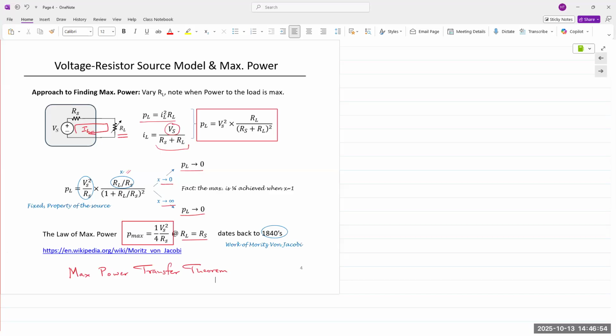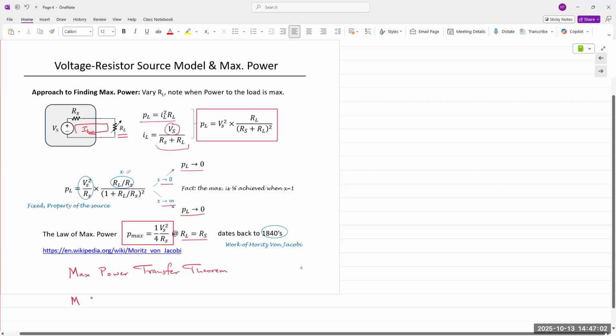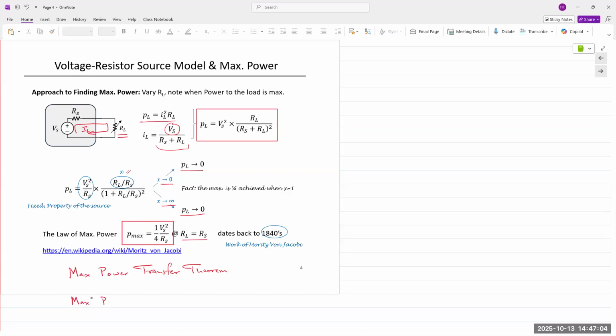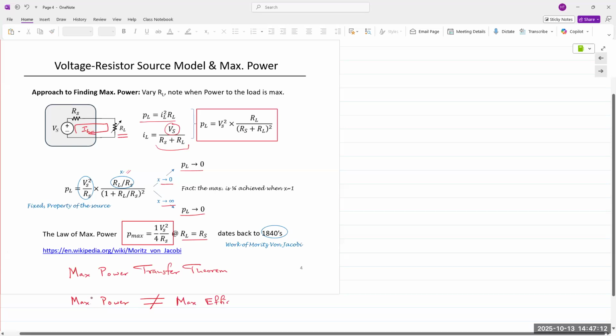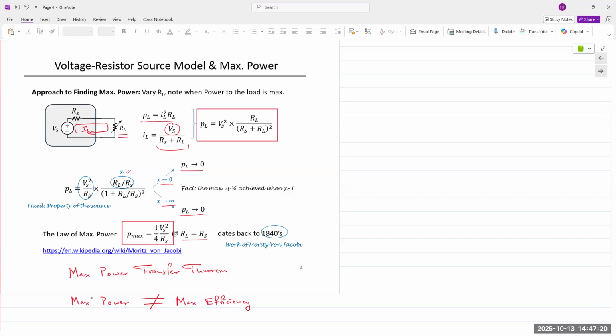Maximum power does not mean maximum efficiency. Two different things. Maximum power does not equal maximum efficiency. As a real life example, let's say you have an electric vehicle.